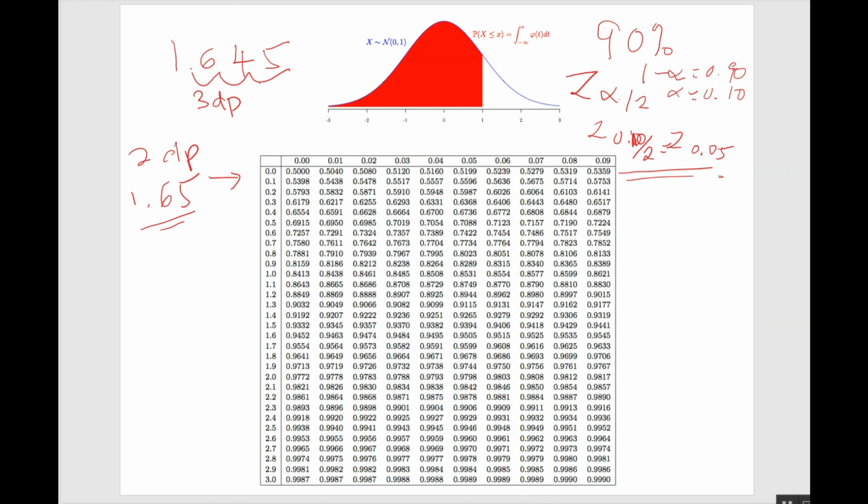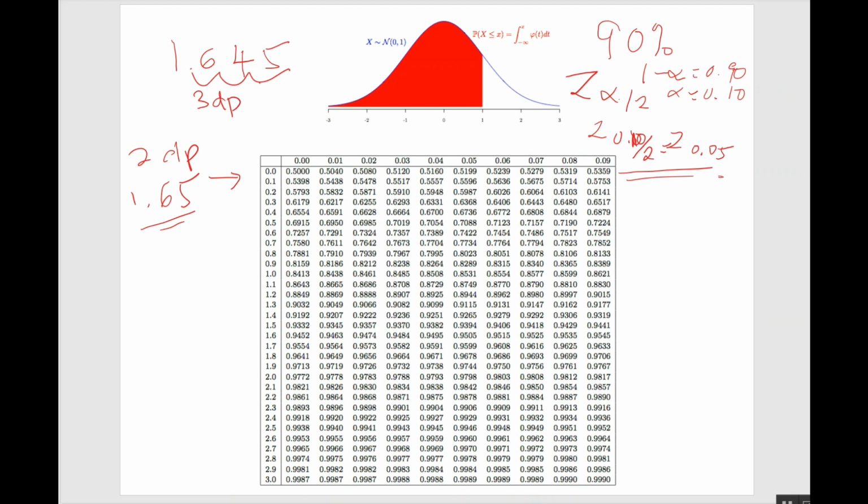But because we don't know this value, we are only given 0.05, right? So you have to search in the table for your confidence level.